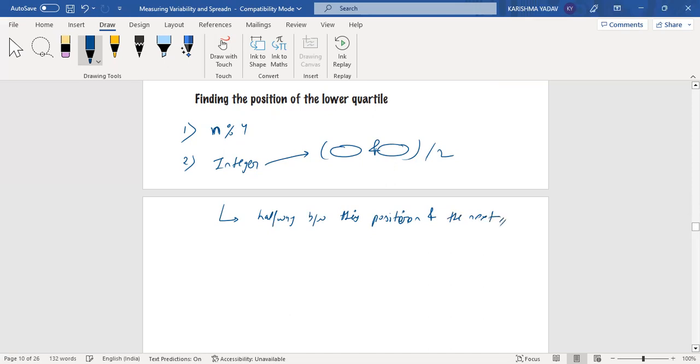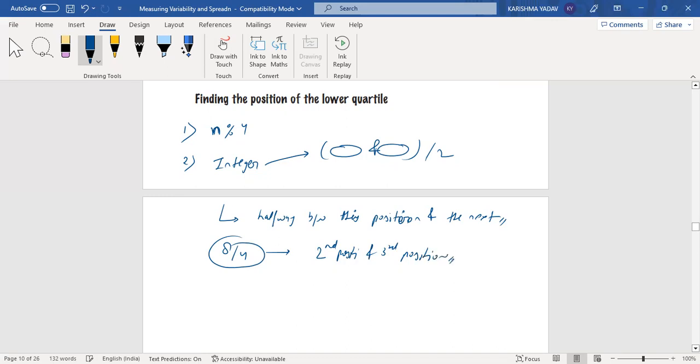That is, we have to take the average of the numbers at these two positions. For example, if my n is 8, then n divided by 4 is 2, which is a complete integer, so my quartile will lie at the average of the second position and the third position.